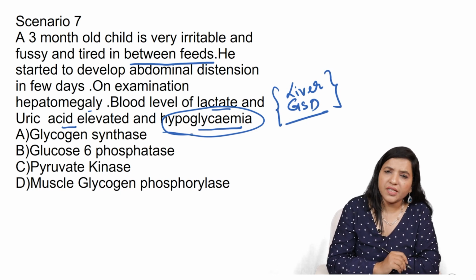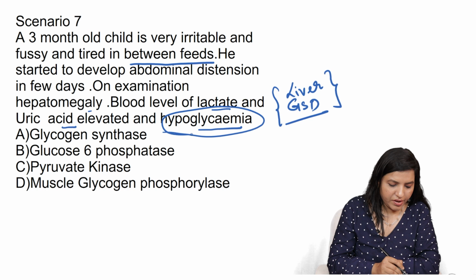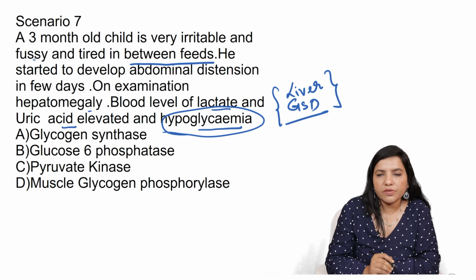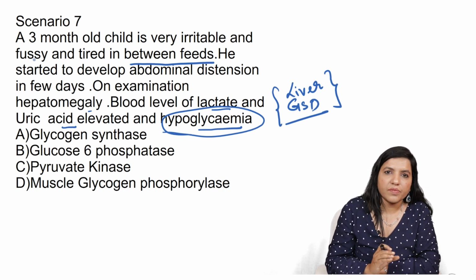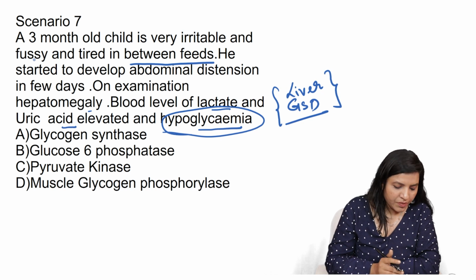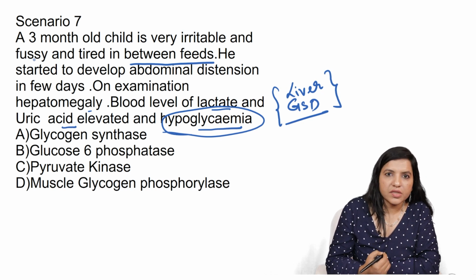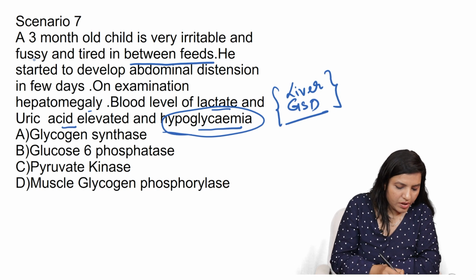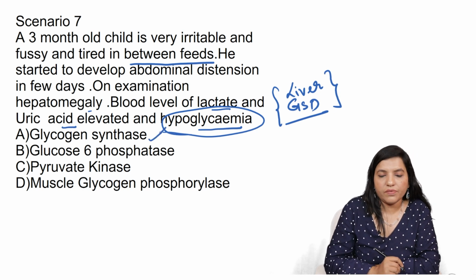Glycogen synthase deficiency is a liver glycogen storage disorder, but it is usually a very severe condition, and these children usually die at birth or before birth itself. Death in utero is possible in glycogen synthase deficiency.